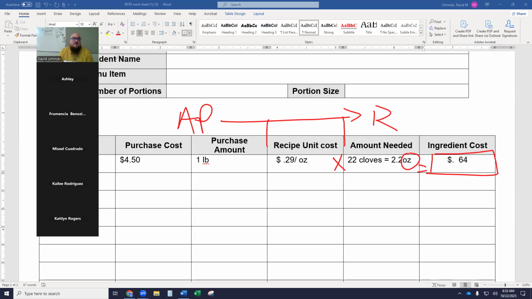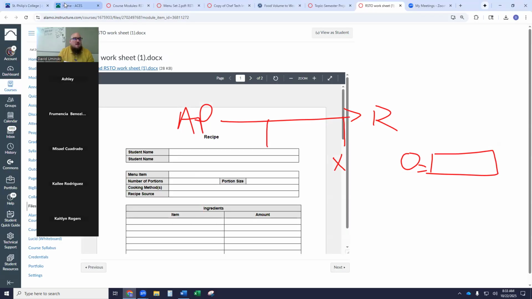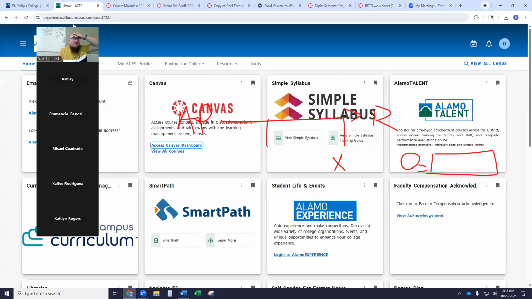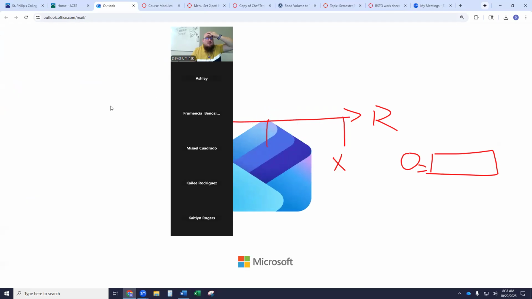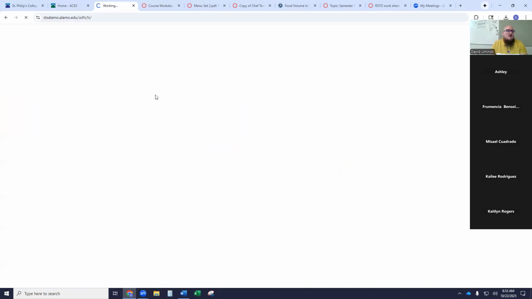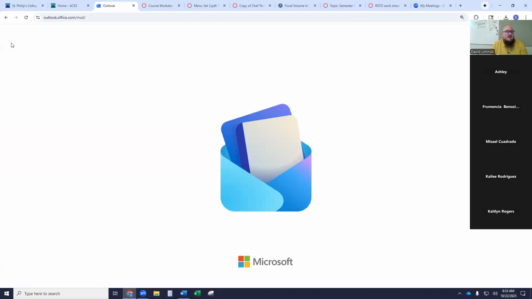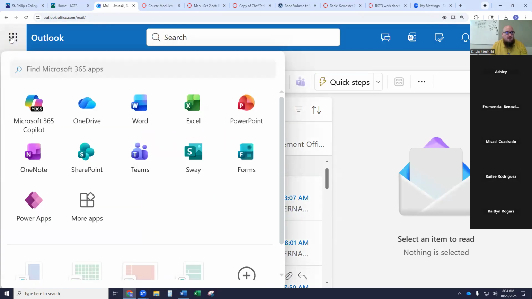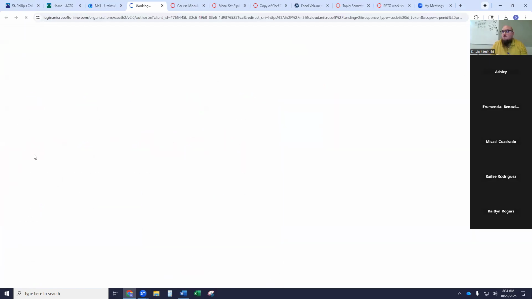If you do, one thing that I found really helpful, and maybe I need to bring this in and show you all: in your student email, when you click on the 9 little dots up in the top left corner, you have OneNote.